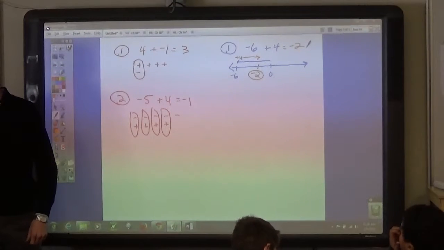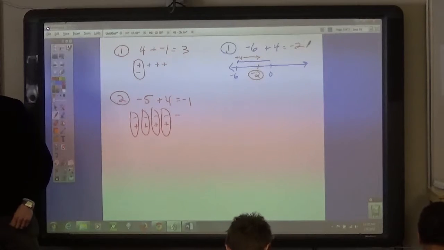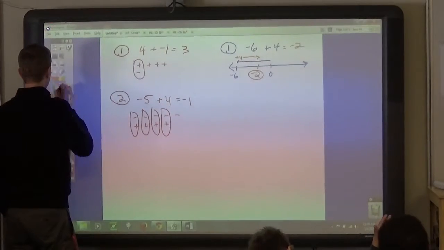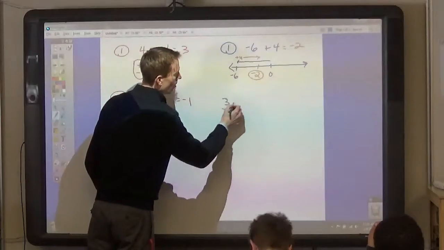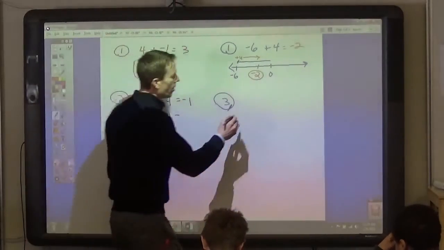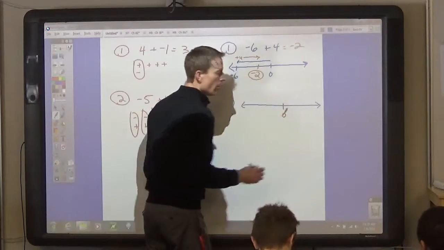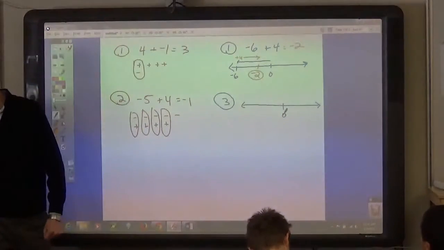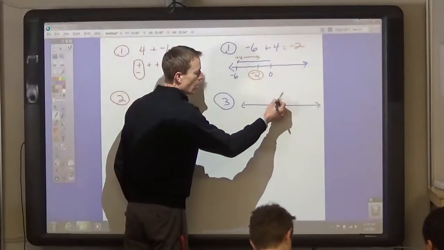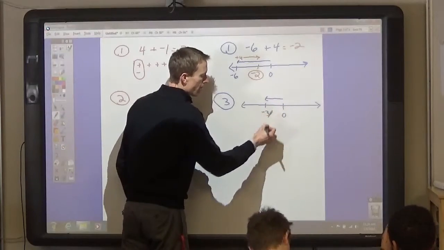What if we had to do one like number 3? Page 260. Number 3 just shows us the number line, so I want you to draw that number line. I'll draw it like this. Mark 0. You don't have to mark all of the other numbers, but just start an arrow going to the left and mark negative 3.